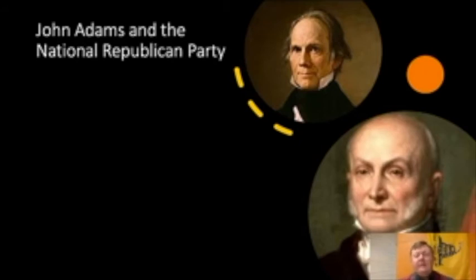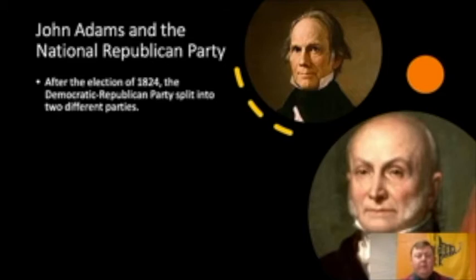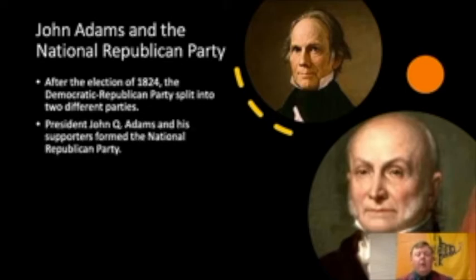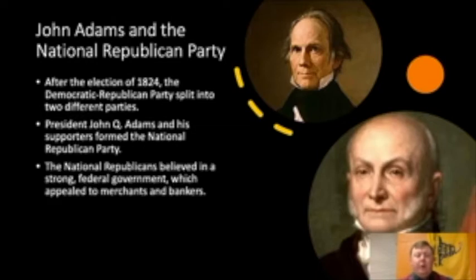Now this is still not the Republican Party that we're used to today. But they still do call themselves the Republican Party. So after the election of 1824, the Democratic Republican Party splits into two different parties. President John Quincy Adams and his supporters, mainly Henry Clay, who is also pictured there, formed the National Republican Party.